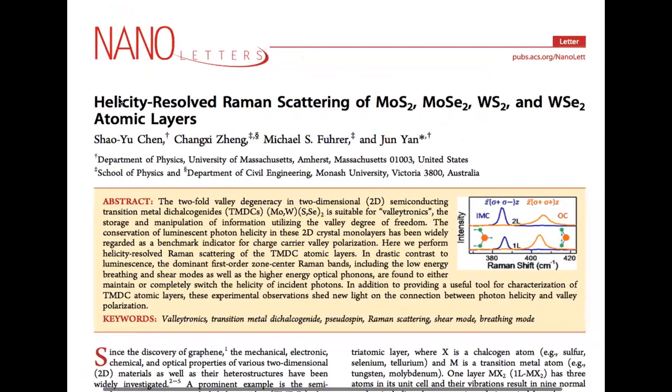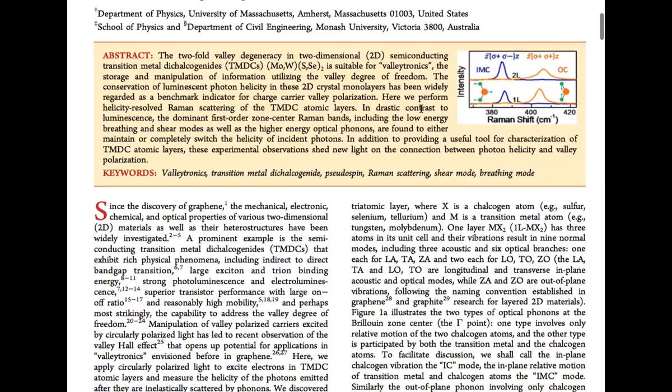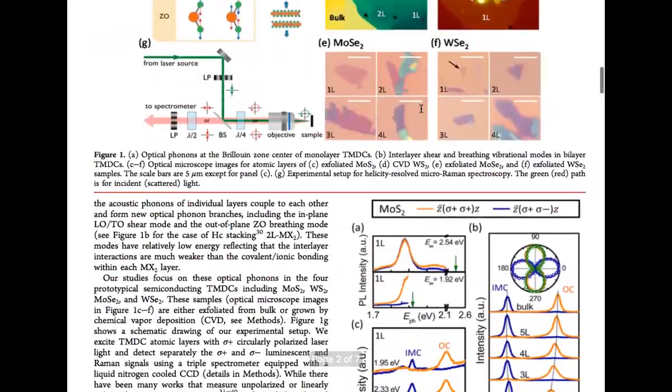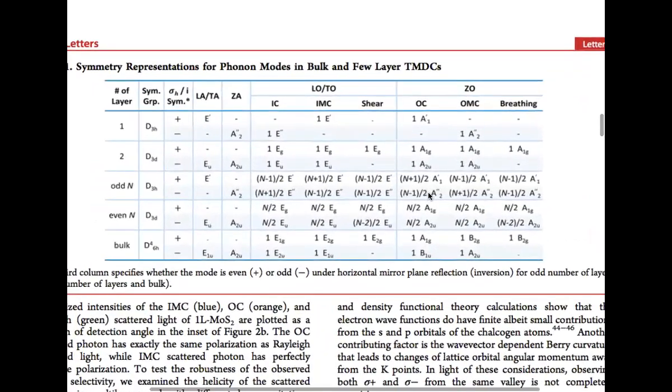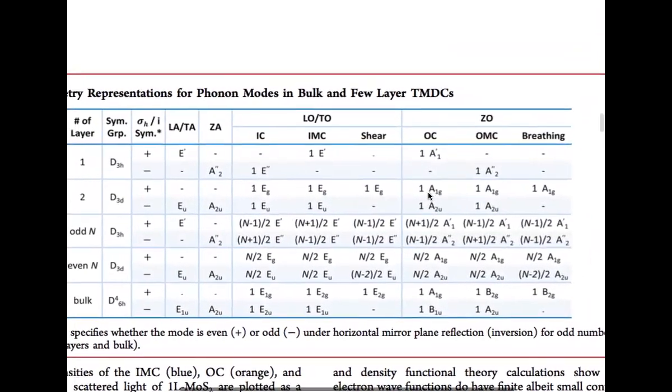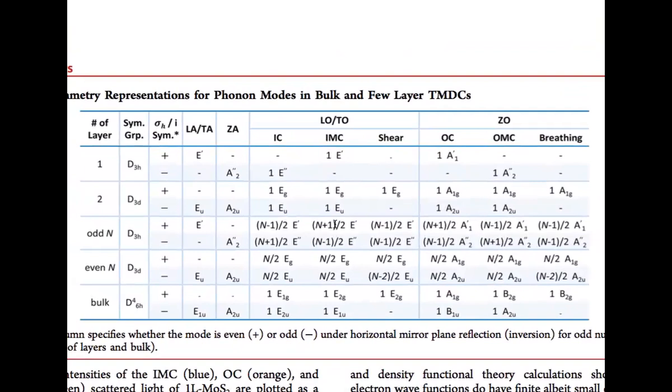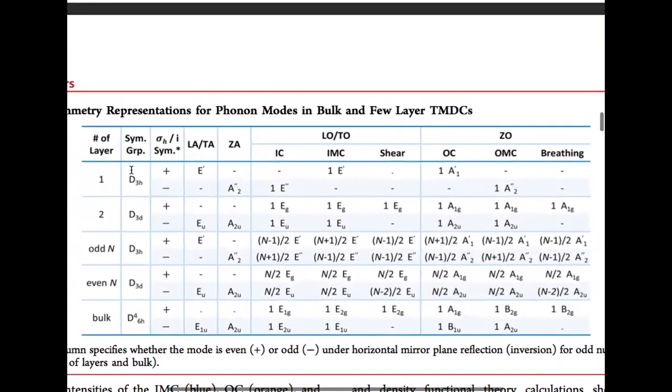In this paper, they talk about helicity resolved Raman scattering of 4 kinds of TMD with different layer numbers. They did the helicity resolved measurement, and this is a character table showing you the groups and also the representation of different modes. If you're interested, you can read this paper.